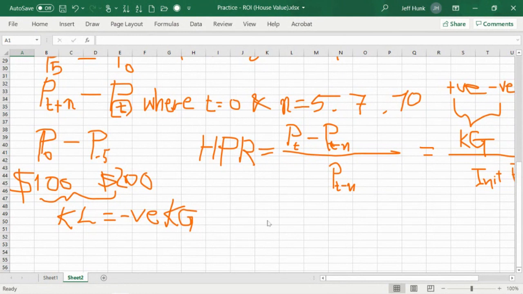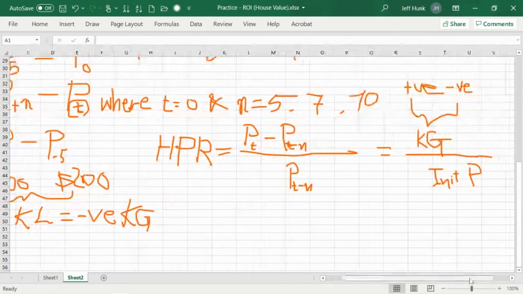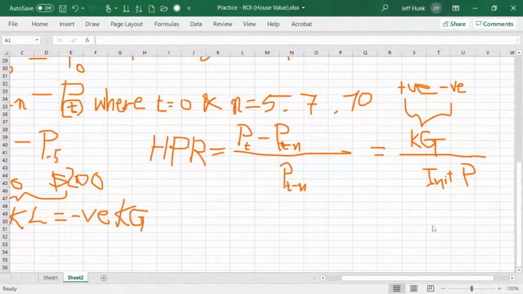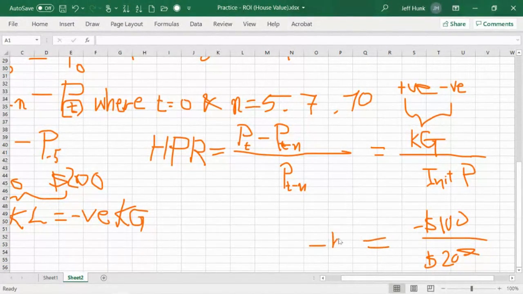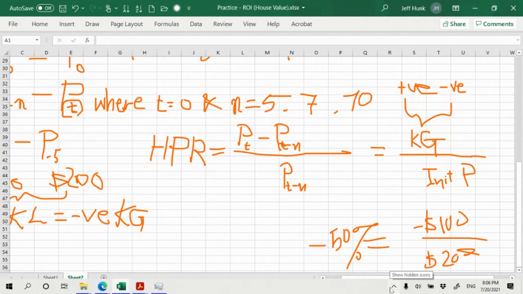Initial price is 200, capital gain is negative 100. So your holding period return is negative 50%. You lost 50%. Isn't that right? Okay, that makes sense.